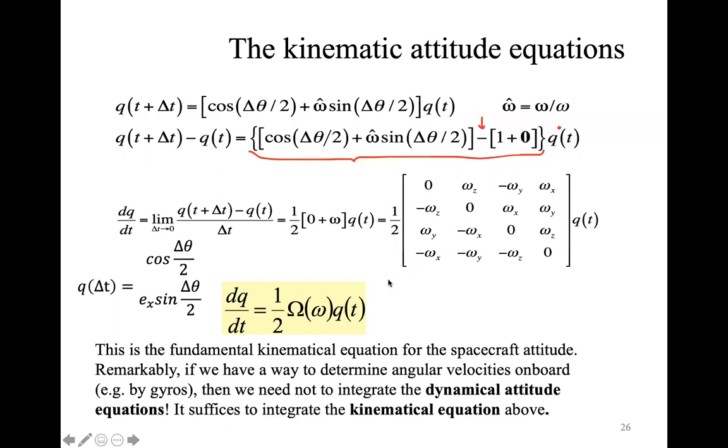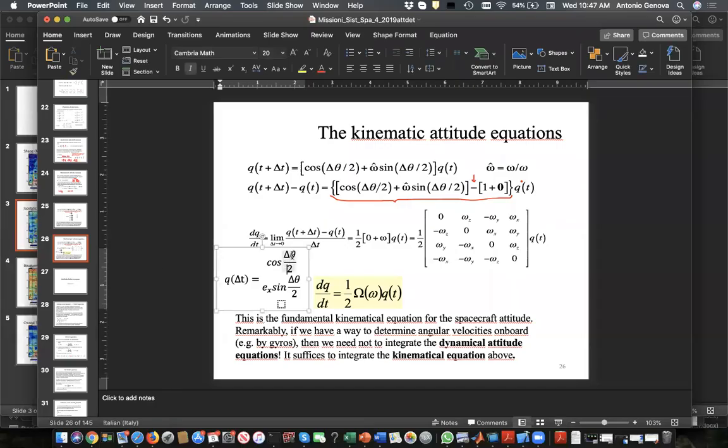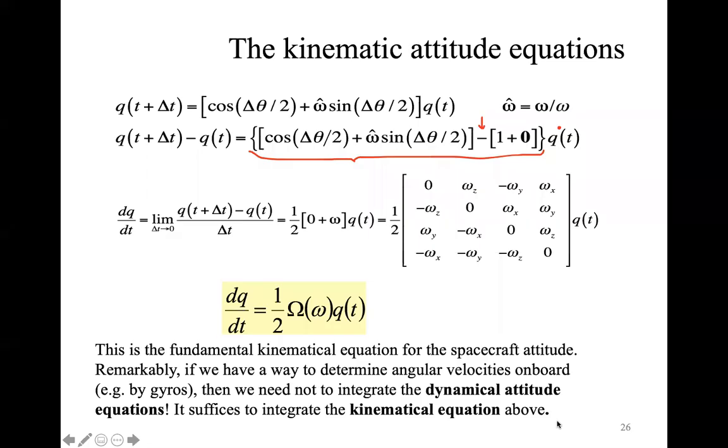So at the end, the advantageous form of the kinematic equation with quaternions is that you can write this equation as a pure multiplication of two quaternions. With the first quaternion that is given with the real, so the scalar part equal to 0 and the vector part equal to omega. And qt is the quaternion at time t.